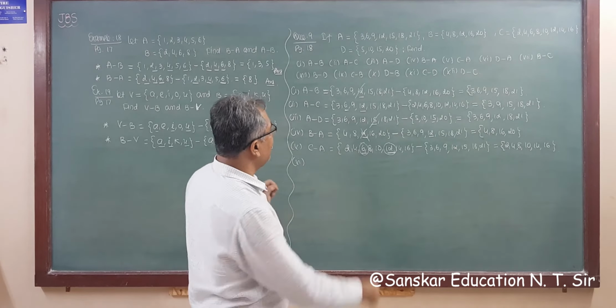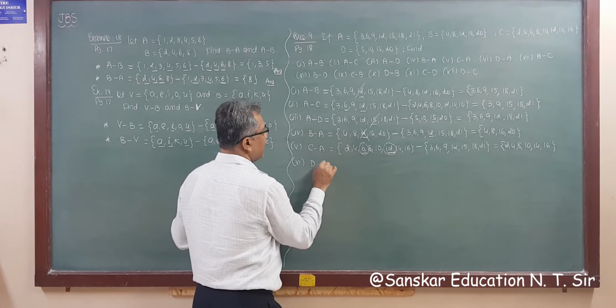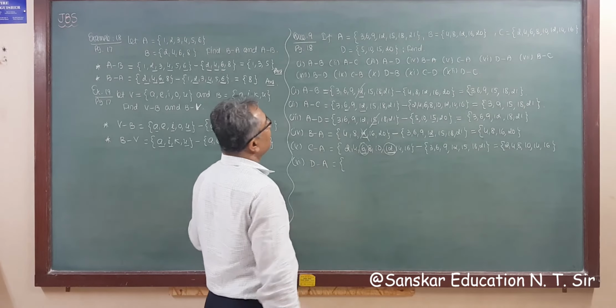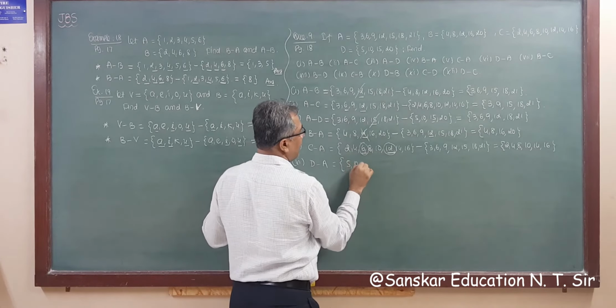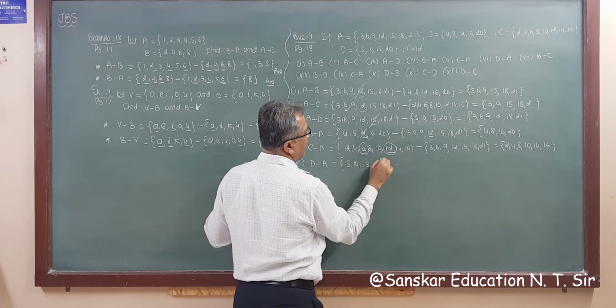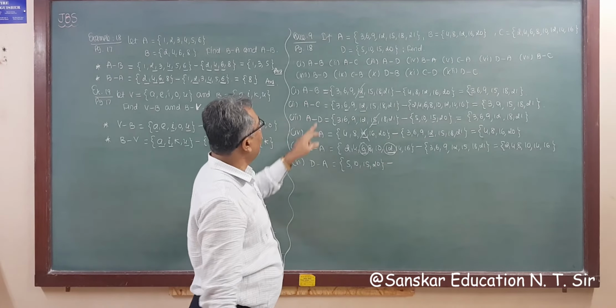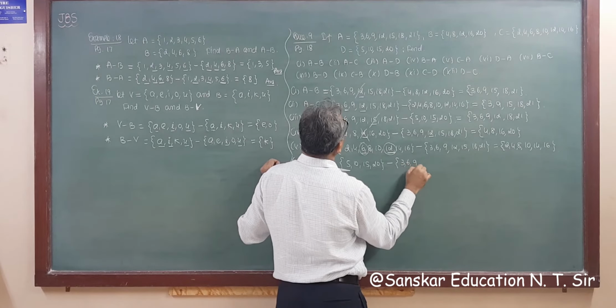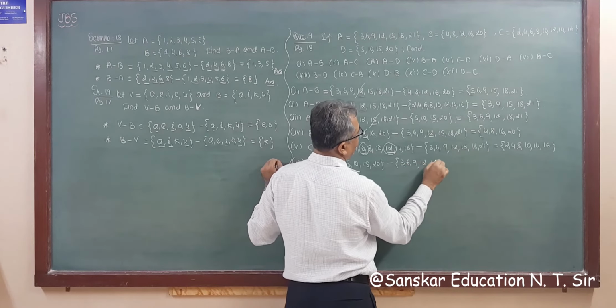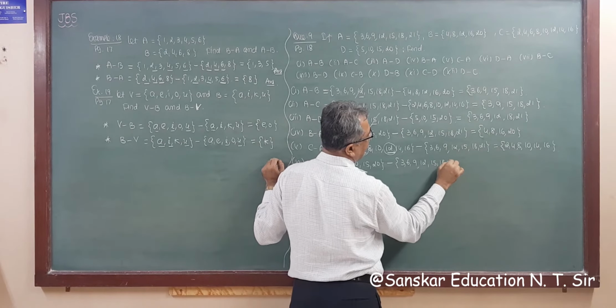The 6th one is D minus A. Now set D is 5, 10, 15, 20, minus A. A is 3, 6, 9, 12, 15, 18, 21.